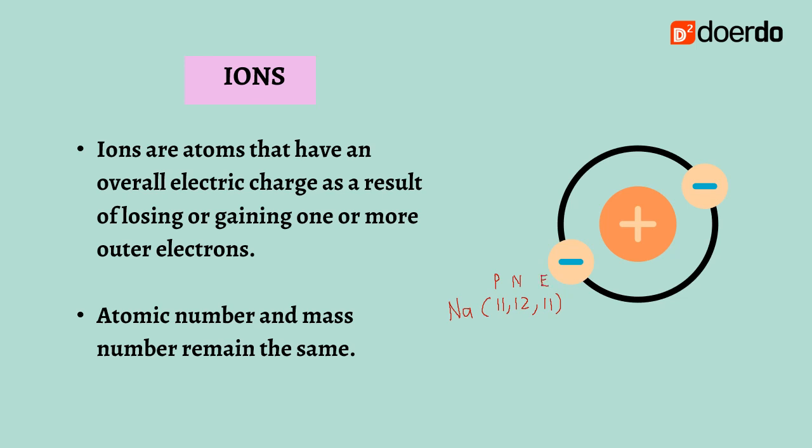By the definition of ions, they lose or gain valence electrons. However, protons and neutrons don't change. So while the number of electrons may go up or down, which you will soon learn is actually losing electrons for sodium, proton and neutron number remain the same. So atomic number and mass number will always remain the same.